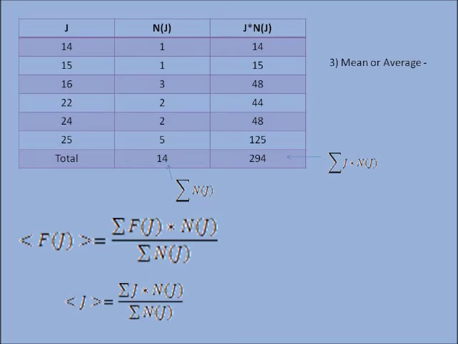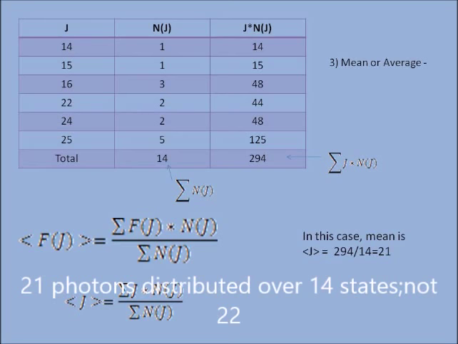Or simply, if we have to calculate mean of j, it is given by mean j is equal to summation of j into nj divided by summation of nj. In this case, it is 294 divided by 14, which is equal to 21. This means there are 21 photons distributed over every state.